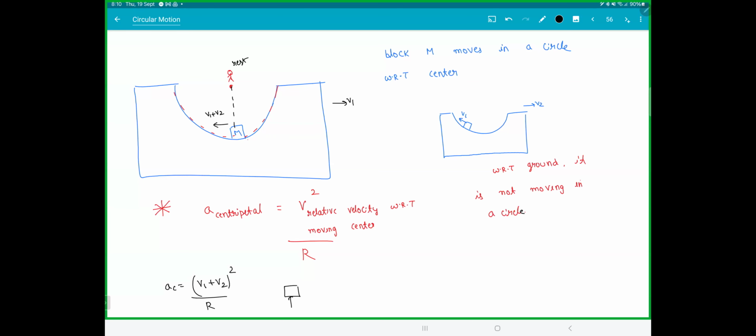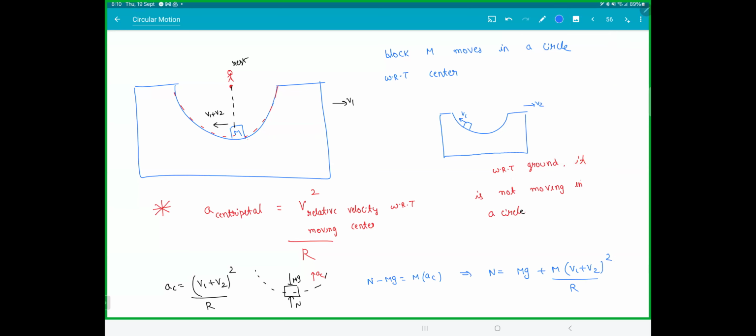Now, if you write the FBD, this is normal, this is mg, and you are going in a circle. If you go in a circle, there will be a centripetal acceleration AC. The force equation will be N minus mg is equal to mass into acceleration. Normal reaction will be mg plus m into v1 plus v2 whole square by r.